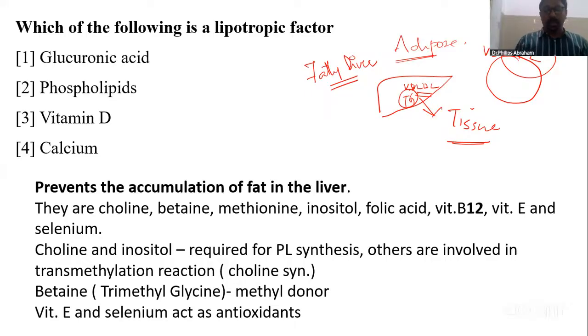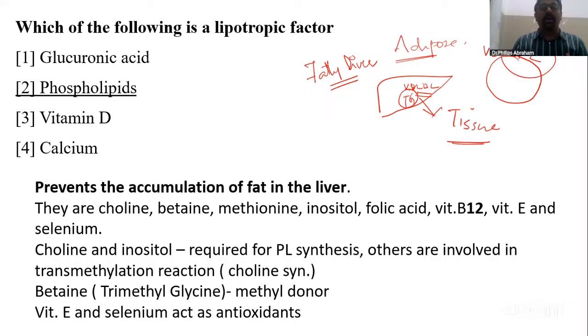In this, phospholipid is a lipotropic factor. And more specifically, this is a general question. More specifically, the compounds choline, betaine, methionine, inositol, folic acid, B12, all in some way help in phospholipid synthesis, thereby VLDL synthesis.